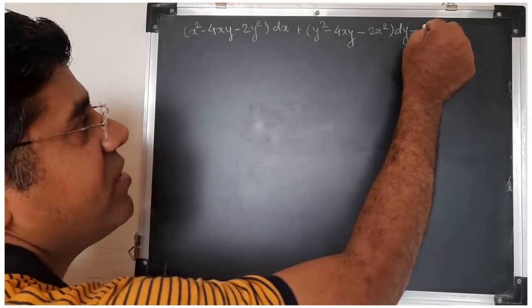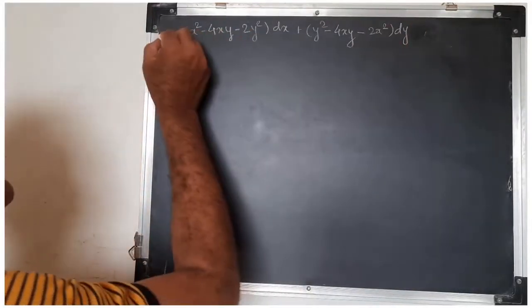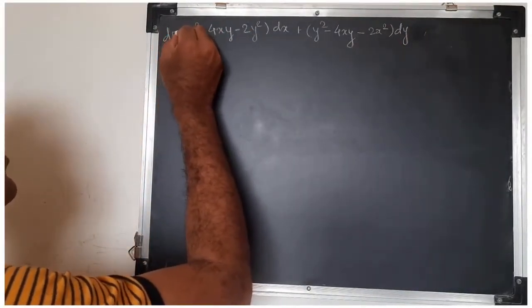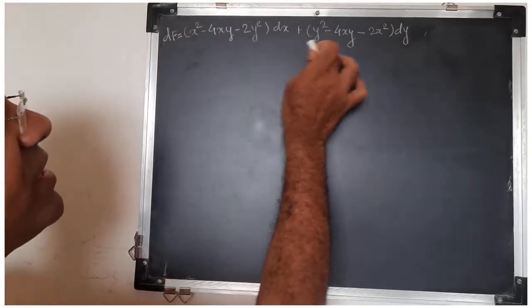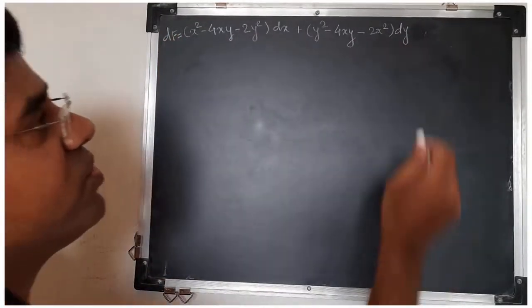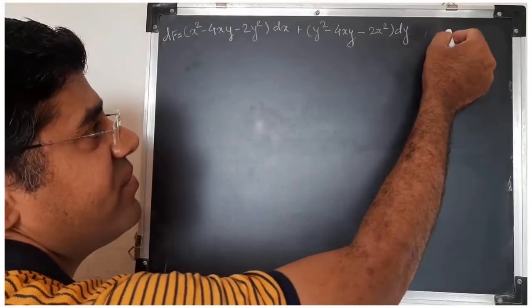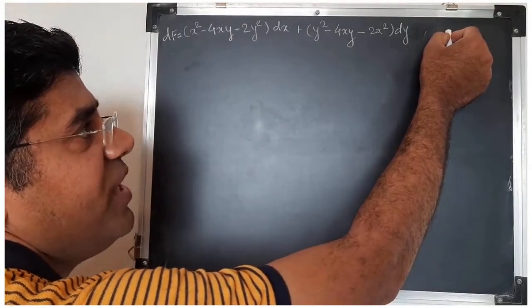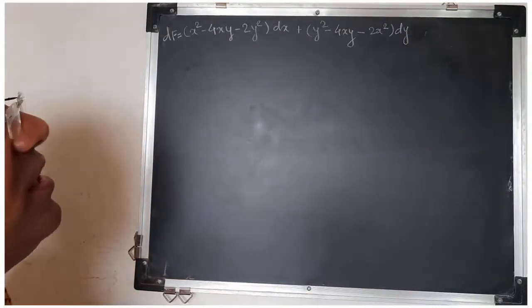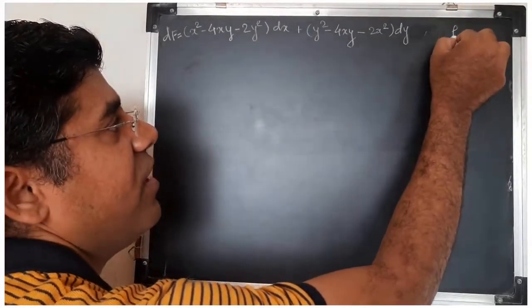So df is equal to M dx plus N dy, and you want to show that this is an exact differential equation. The second part is to find f.